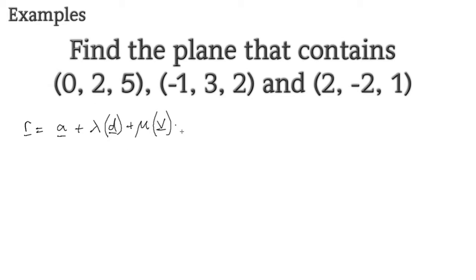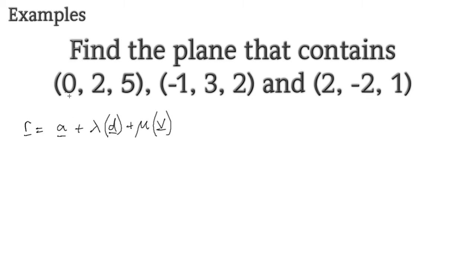So D and V will both be normal to the normal vector. In this case, as long as D and V lie in the plane, it doesn't really matter which direction it is, plus or minus, because the mu and lambda can compensate for that direction.